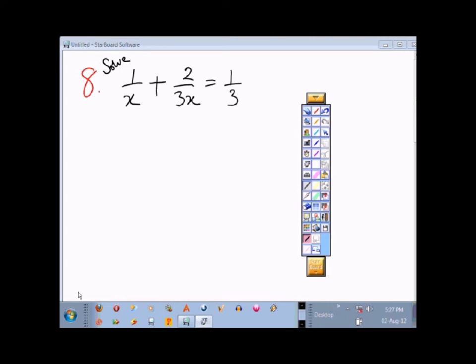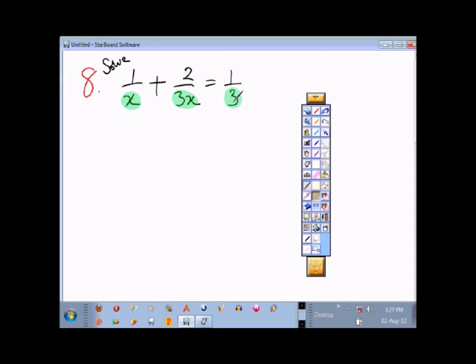In order to solve this type of problem, what we need to first do is to find the LCM of all these denominators of these fractions, all of them. And we use that LCM to multiply through the entire equation.